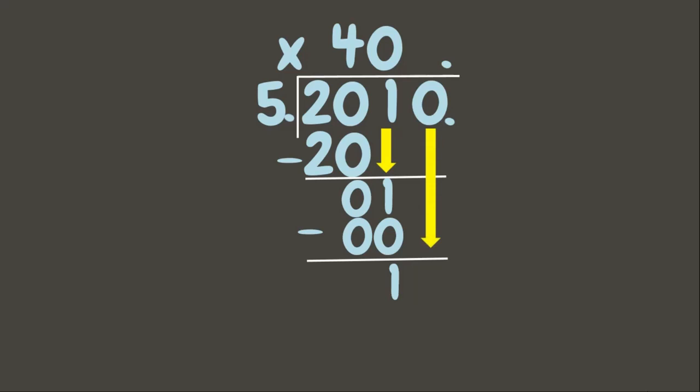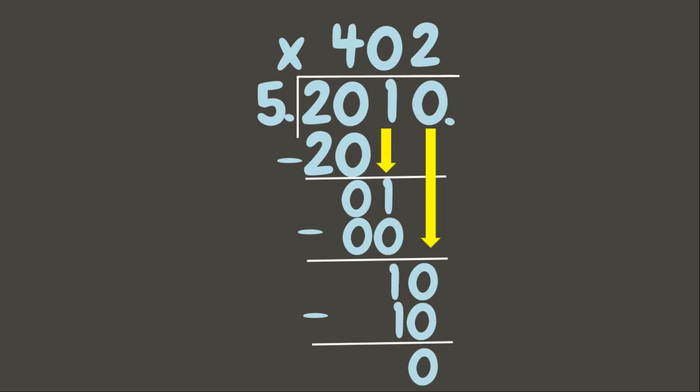Bring down 0. 10 divided by 5 is 2. 2 times 5 is 10. 10 minus 10 is 0. Since there is no more remainder, our final answer is 402.